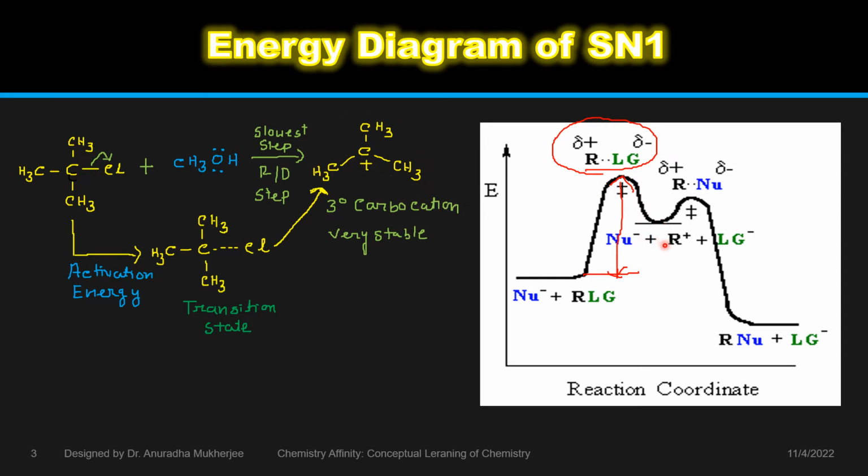Now it needs another activation energy where the nucleophile will come and make a bond with the carbocation. So this is the transition state where the nucleophile is slowly approaching the carbocation. That's why it has been shown as a dotted line. Once this transition state forms, then we get the product.